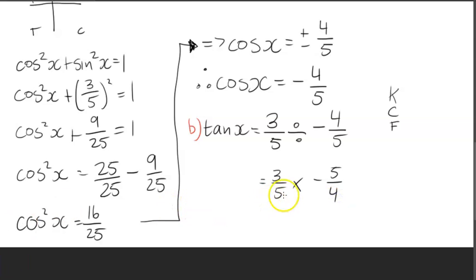Now our 5s cancel, and we are left with negative 3 on 4, or negative 3 quarters. Just to make sure this is correct, tan is negative in the second quadrant, so this checks out.